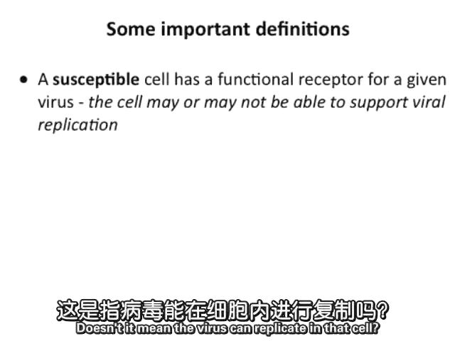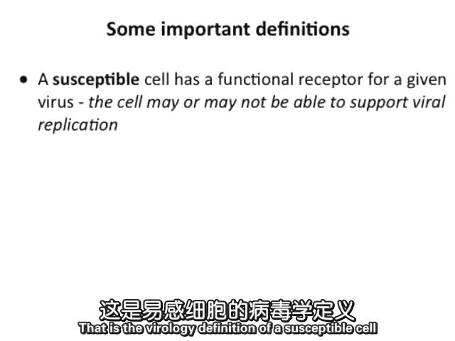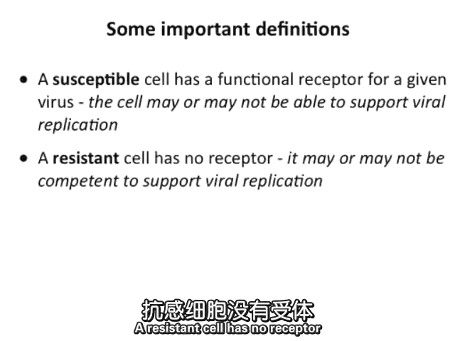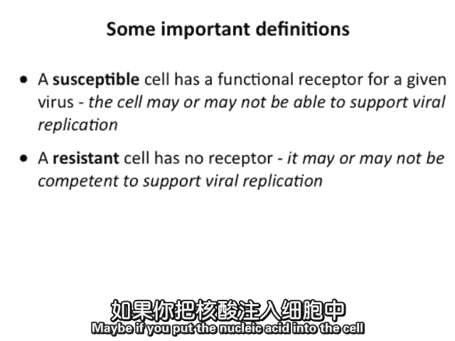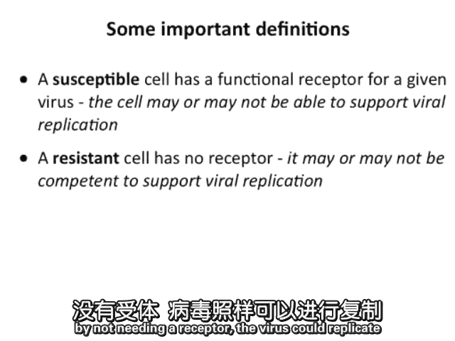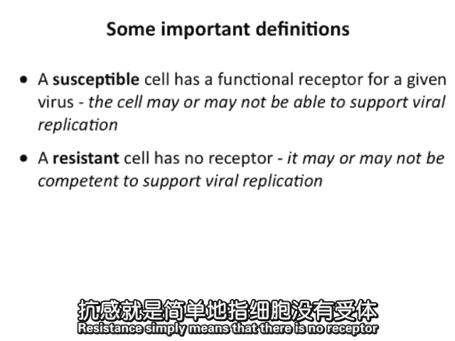Doesn't mean that the virus can replicate in that cell, just that it has a receptor. All right, that is the virologist's definition of a susceptible cell. It has a receptor. A resistant cell has no receptor. It could support virus replication. Maybe if you put the nucleic acid into the cell, by not needing a receptor, the virus could replicate. But that's irrelevant to the definition. Resistance simply means that there's no receptor.